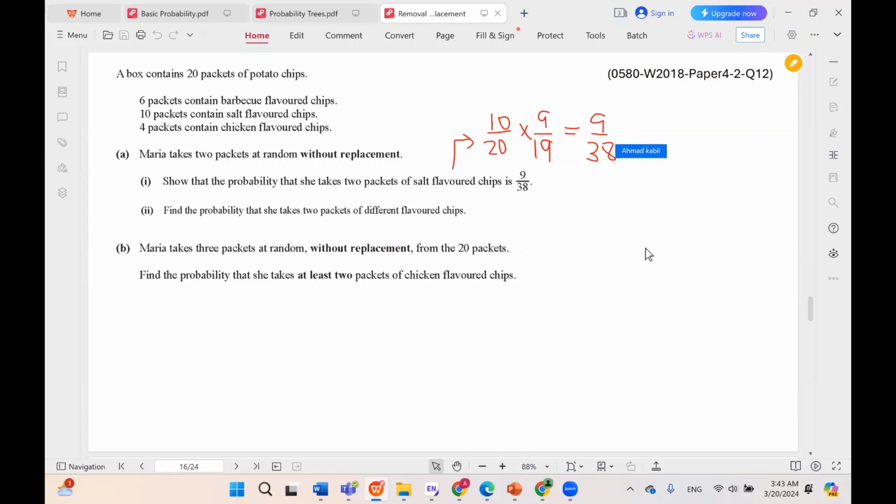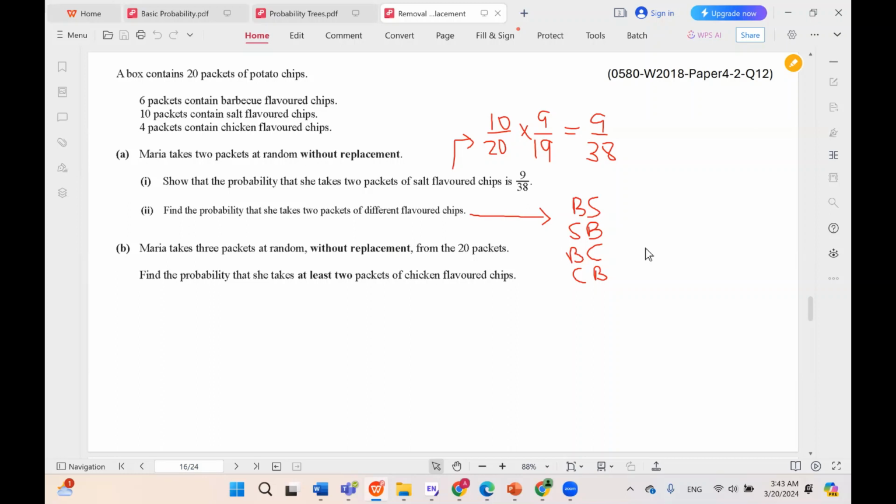Double I says, find the probability that she takes 2 packets of different flavored chips. So there are 2 ways of solving this problem. Either we tackle it directly, so we just visualize all the possible scenarios. So either she picks barbecue followed by salt, or salt followed by barbecue, or barbecue followed by chicken. But this will be a very long list of possibilities because the scenarios of different flavor chips are so many.